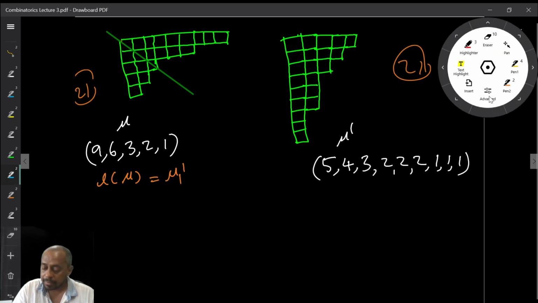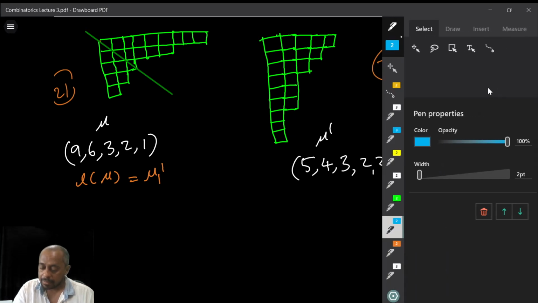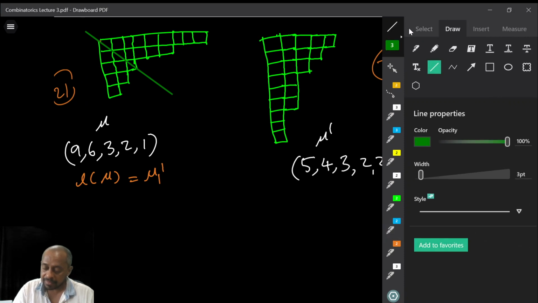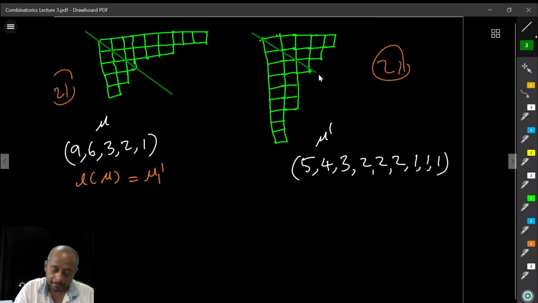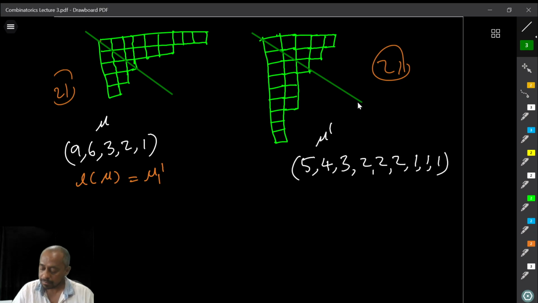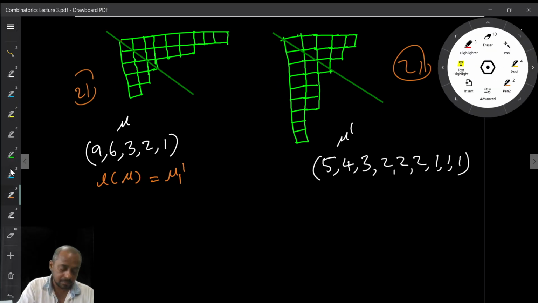So I'm going to get the same figure on the right hand side. Just verify it yourself.